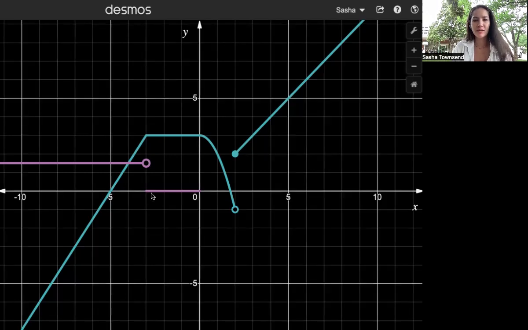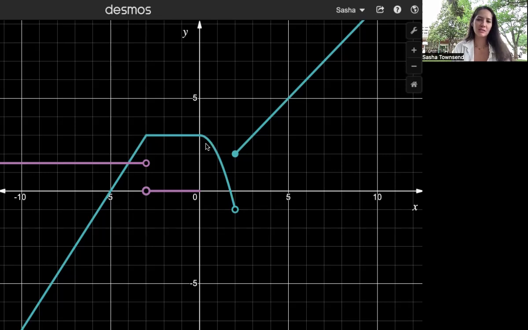Now on the left endpoint, again, we had that sharp corner. We had different slopes on the left and the right of -3. So we will plot that point as an open circle. But here, notice we've got part of a parabola meeting our y equals 3 line segment. This actually does have a slope of 0 at the top.